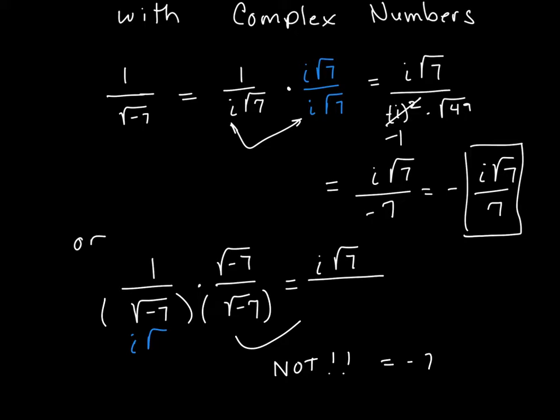That's i square root of 7 times i square root of 7, which is i squared times the square root of 49, and that is where you get i square root of 7 over negative 7, and that answer of course matches up. But be very, very careful that you don't make an error in that denominator when you're doing that problem the second way.